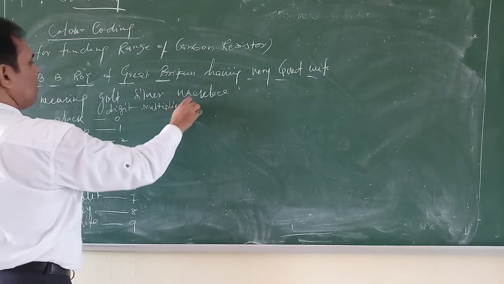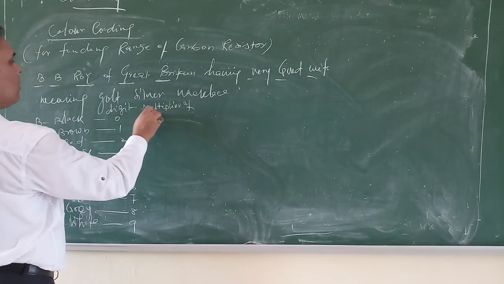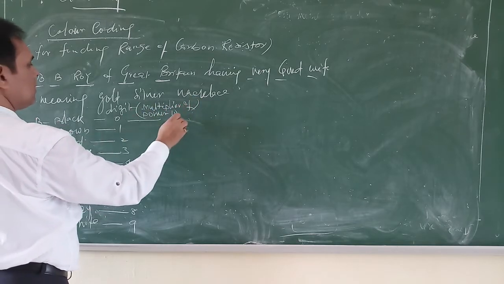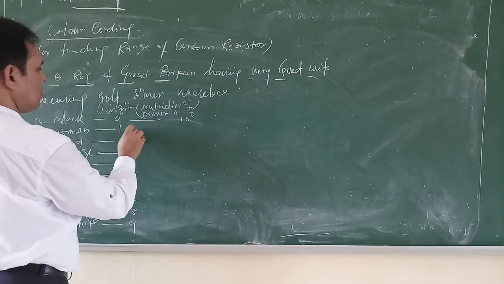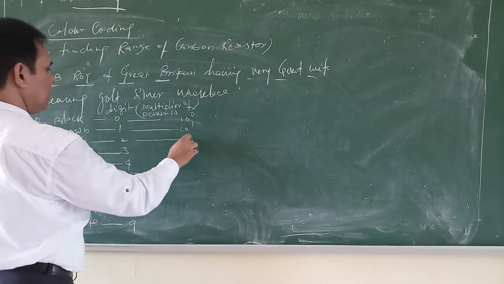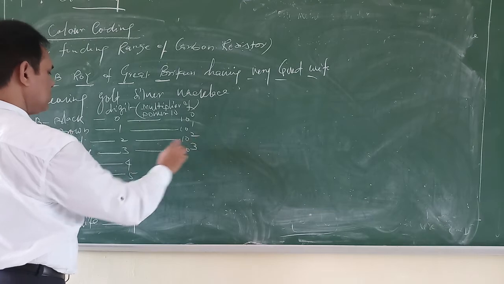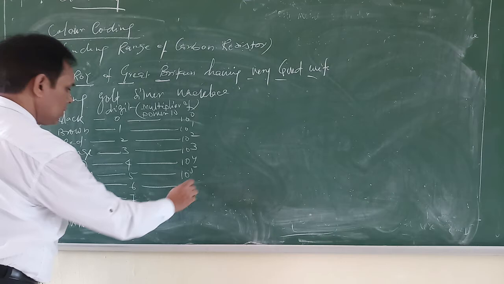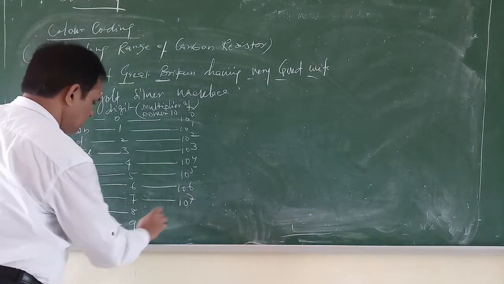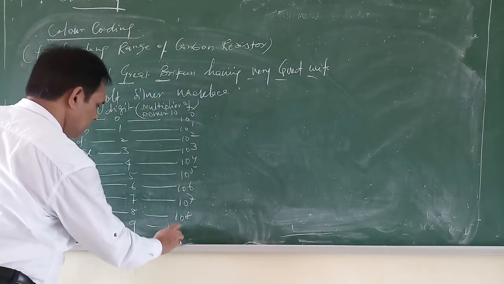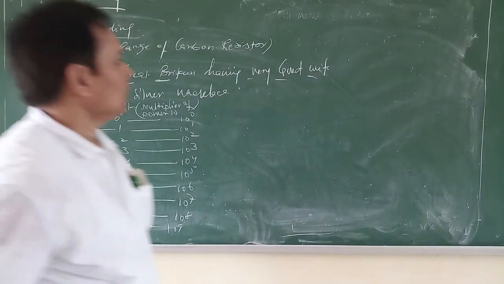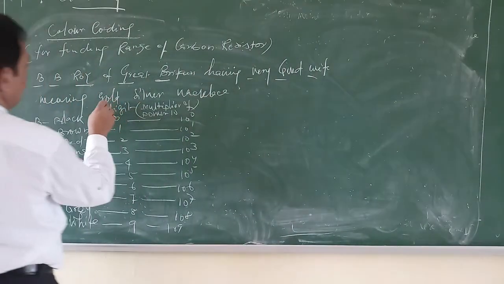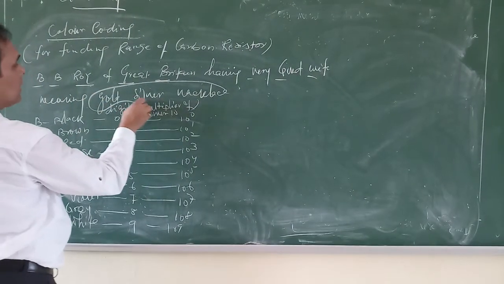Multiplier of power 10 means 10 power 0, 10 power 1, 10 power 2, 10 power 3, 10 power 4, 10 power 5, 10 power 6, 10 power 7, 10 power 8, and 10 power 9.